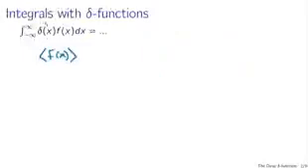Now, since the delta function has absolutely no support over any values of x other than x equals 0, essentially what this is telling you is the expected value of f of x where the only region that we care about is the area very near 0. So this just gives us f of 0.